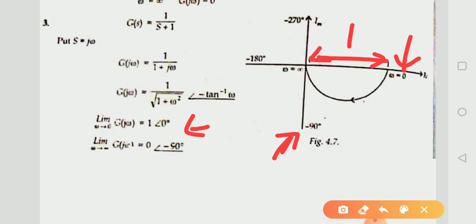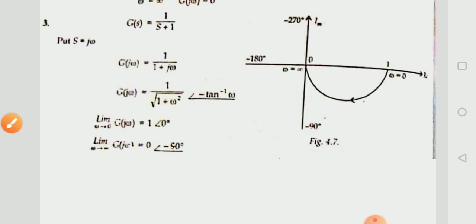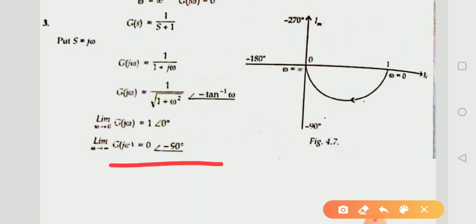So this plot starts from here, this is the type 0 system, and here the order is 1. So the graph lies between here in this axis. At omega tends to infinity, the magnitude is 0.